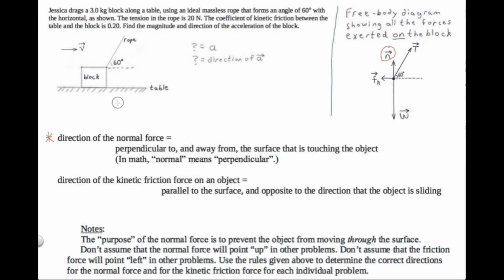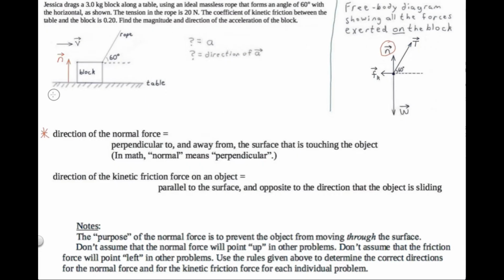In this problem, the surface that is touching the block is the table. So, the normal force points perpendicular to and away from the surface of the table. So for this problem, the normal force points up. Here's the rule for determining the direction of the kinetic friction force.